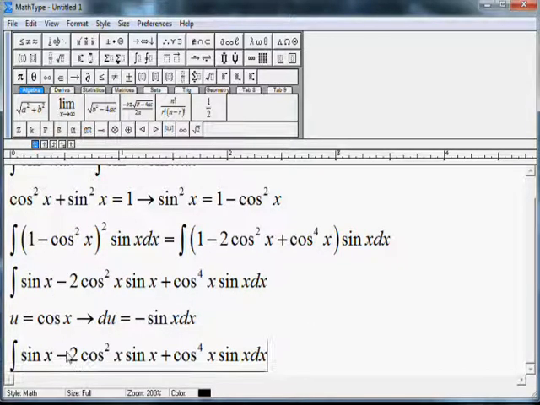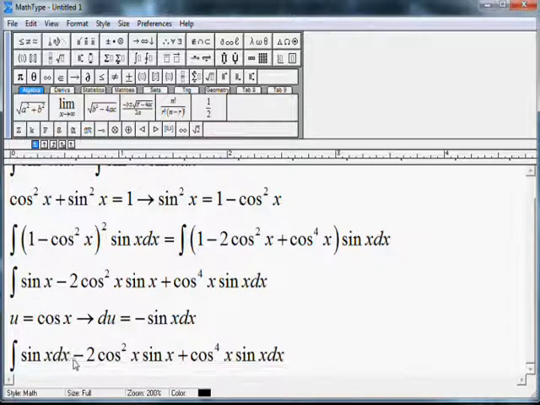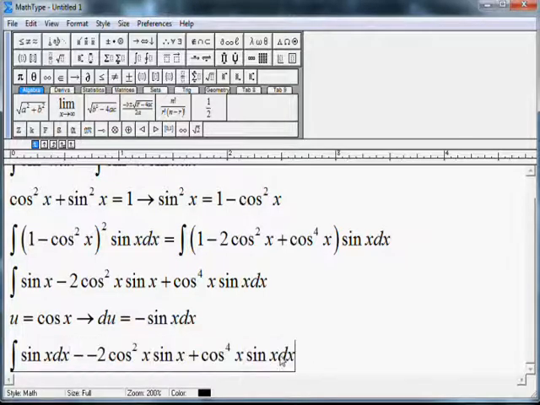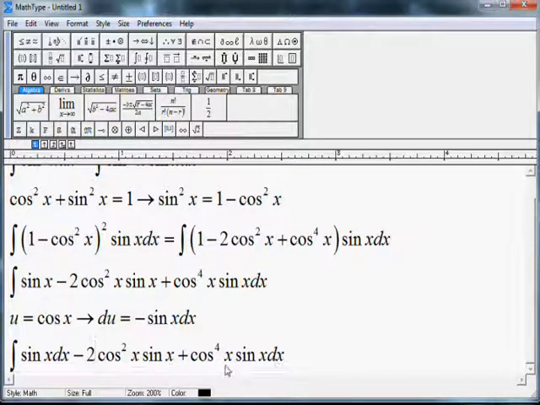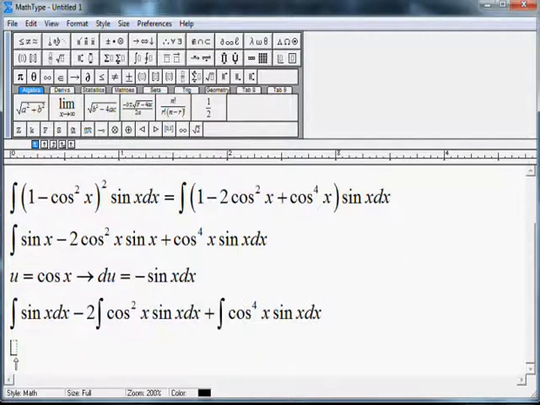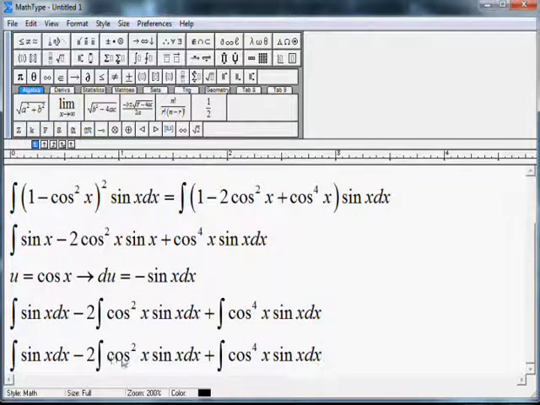I'm just going to rewrite them. Integral dx and integral dx. Okay, so here are our integrals. Now we're going to make the substitutions.